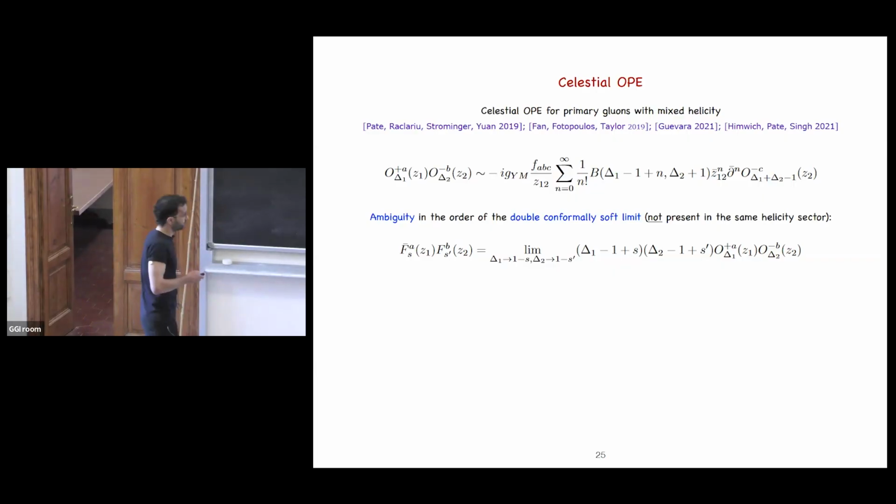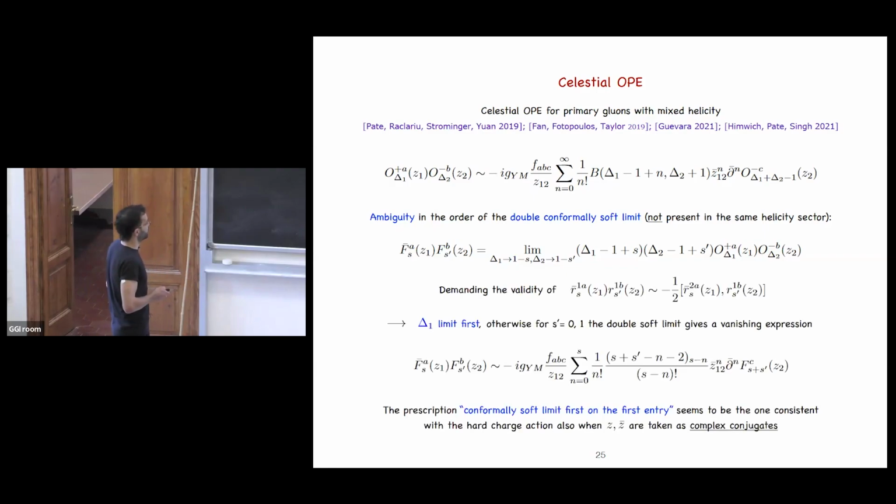Now, what I'm going to use to solve this ambiguity is demanding, again, this correspondence, as I mentioned before, that the OPE of two soft gravitons can be written as the action of the hard charge on the soft graviton. Here I wrote it in terms of the soft graviton, but you can replace this object with the soft gluon.